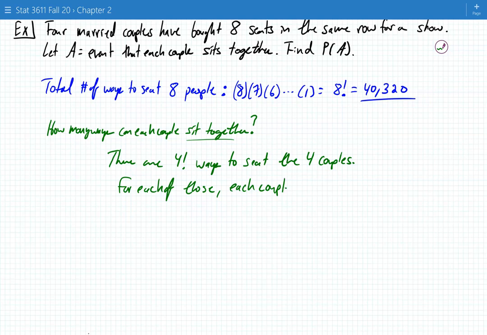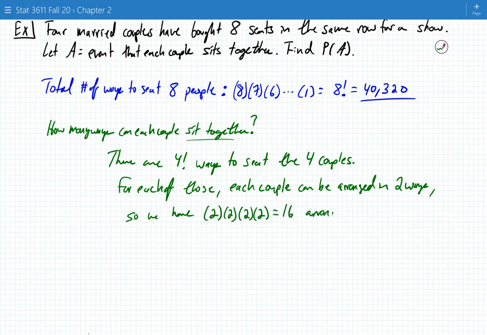So we have 2 options for the first couple, left seat or right seat, 2 options for the second couple, 2 options for the third, and 2 options for the fourth. There are 16 different arrangements once the couple locations have been decided.